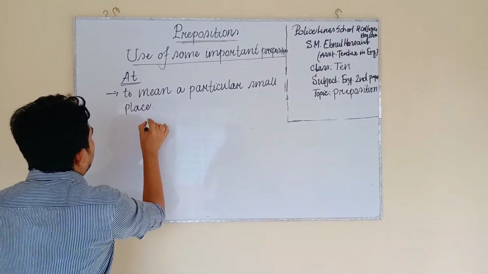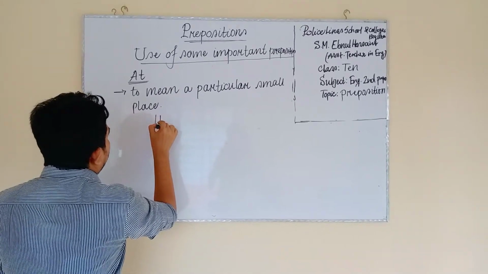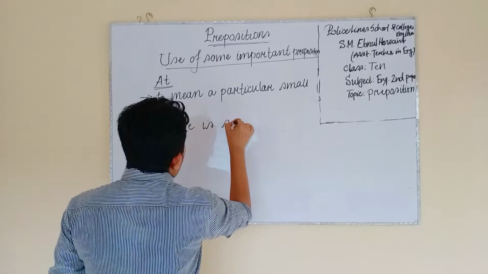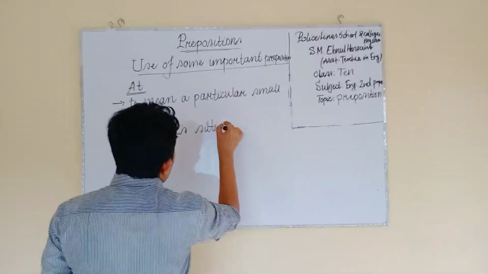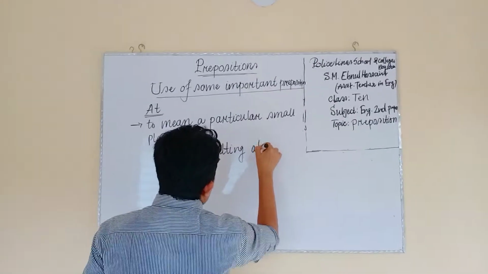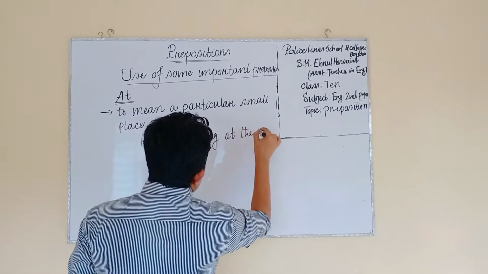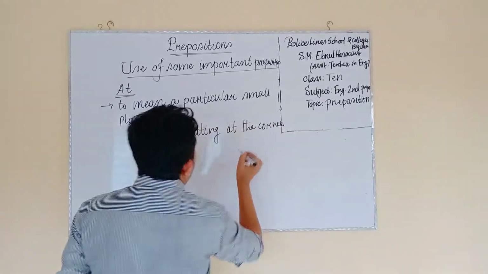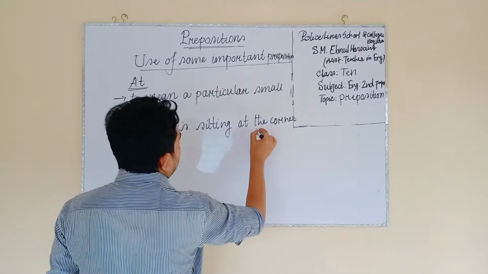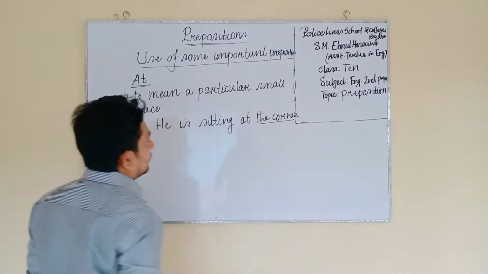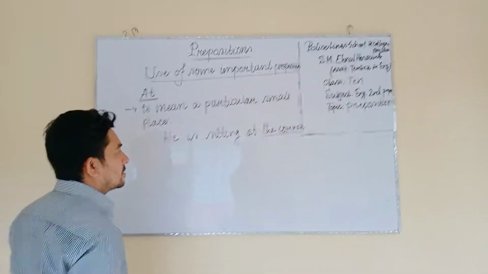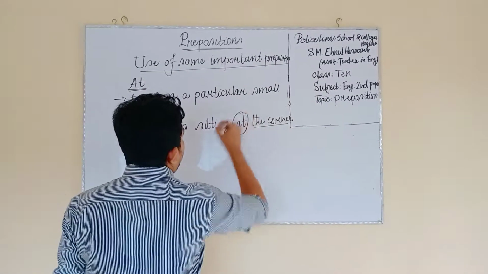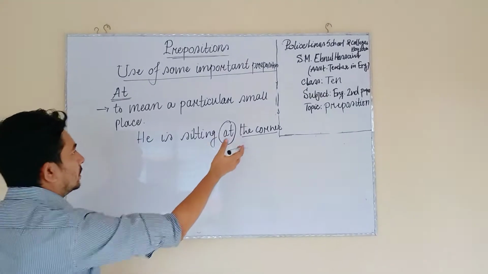Example: he is sitting at the corner. We know that the corner is a very small place, and it's a particular place, so the preposition at is here before the noun.